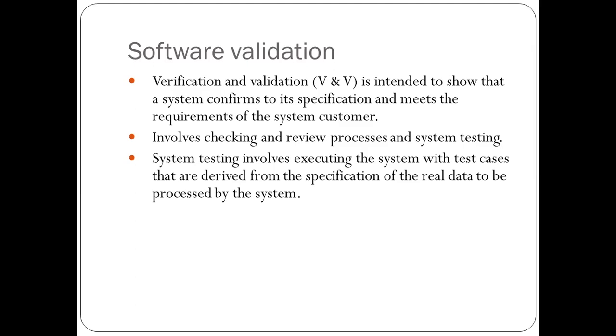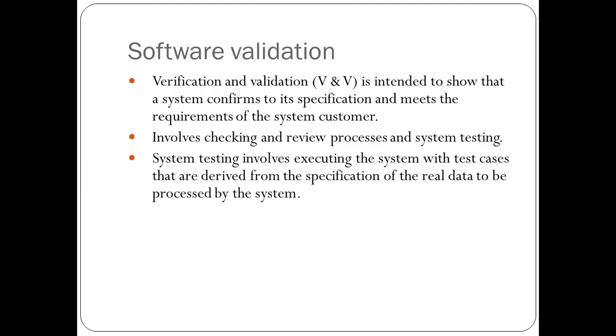It involves checking and review processes and system testing. After we check and review different processes, we will do the system testing. System testing involves executing the system with test cases. A number of test cases are involved during the execution of the system, derived from the specification of the real data to be processed by the system.